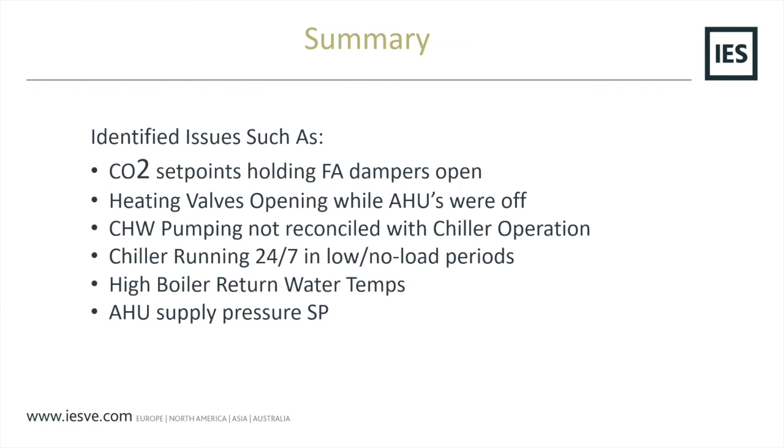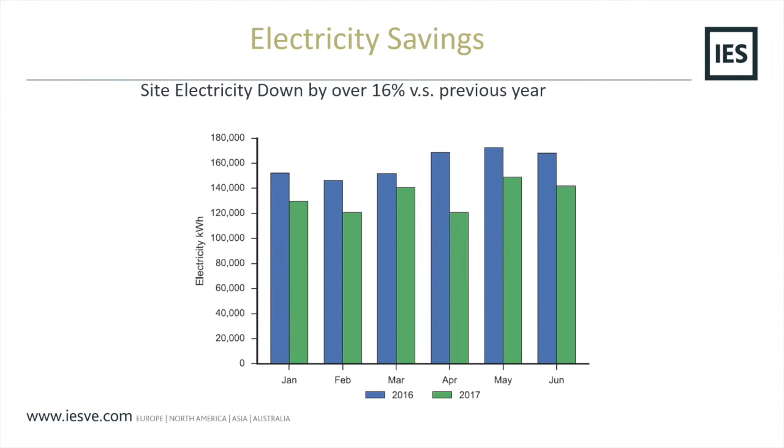But listen, all of that put together led us to, within 1 year, achieve 16% energy savings on this site, and that's based on 2016 versus 2017. As I said at the start, this building opened in 2010, so in some ways the building probably ran in the 2016 mode for the first 6-7 years, before our guys got involved and we took it down.